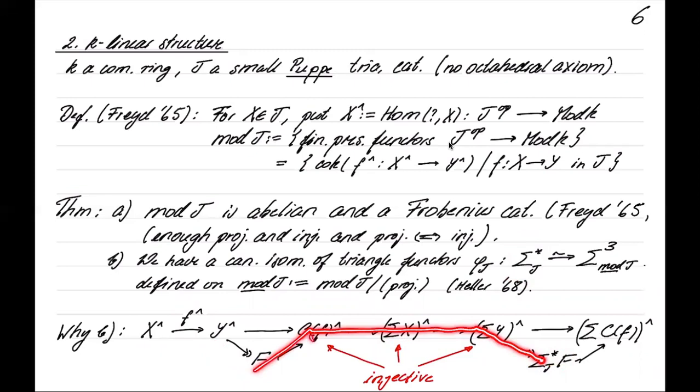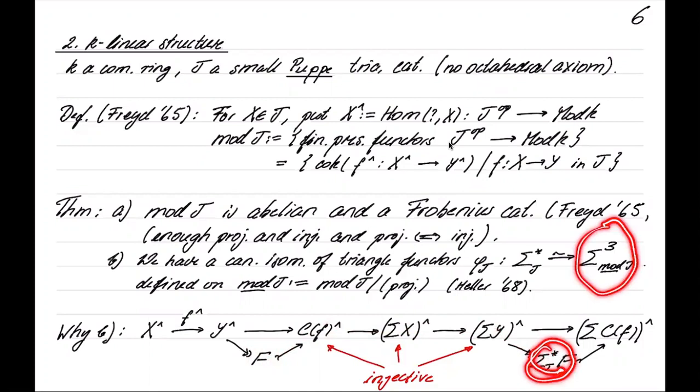And the three middle terms of this exact sequence are injective, because they're representable and we are in a Frobenius category. And that means, well, here we have an exact sequence with three middle terms injective, and then the cokernel, well, that's the definition of the third power of the suspension. So we see that this object is naturally isomorphic to the image under the third power of suspension of this object.